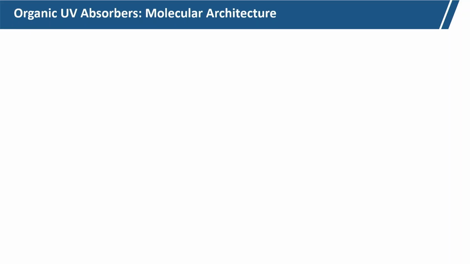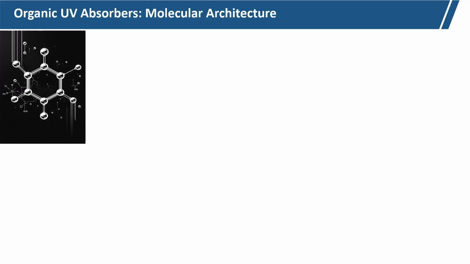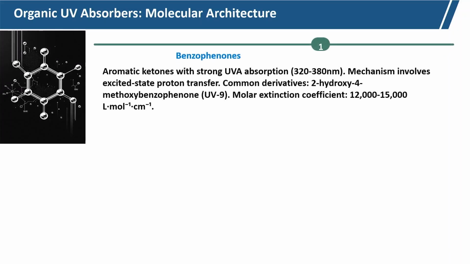So, let us understand the organic absorbers' molecular architecture. Benzophenone is one of the very commonly used organic absorbers. Organic UVA absorbers are aromatic ketones with strong UVA absorption.